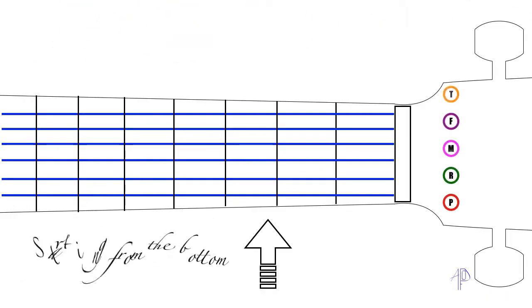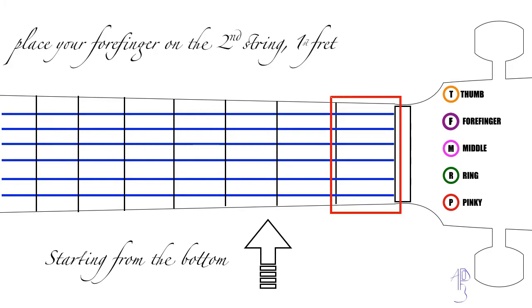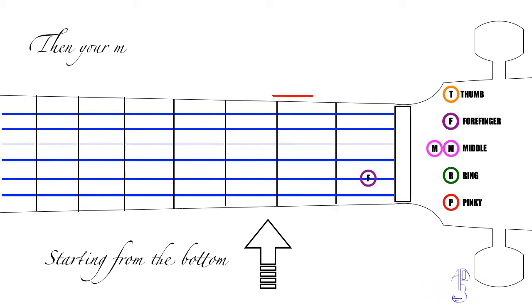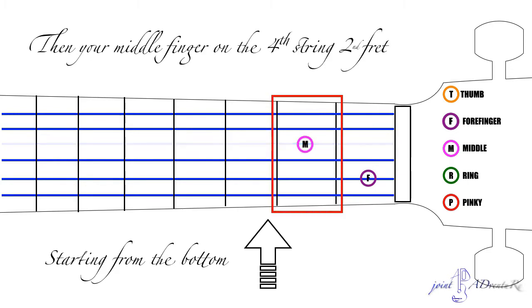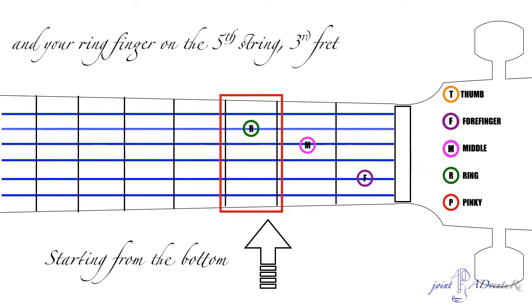Starting from the bottom, place your forefinger on the second string, first fret. Then your middle finger on the fourth string, second fret. And your ring finger on the fifth string, third fret.